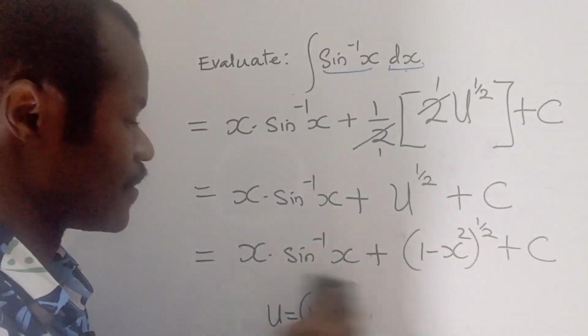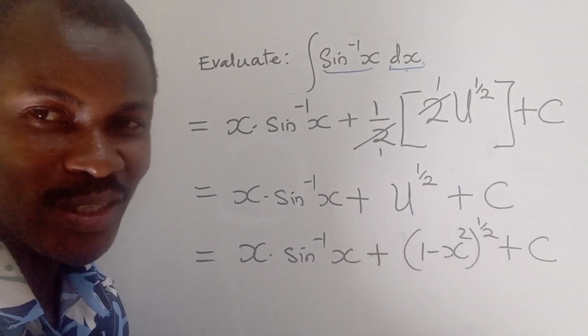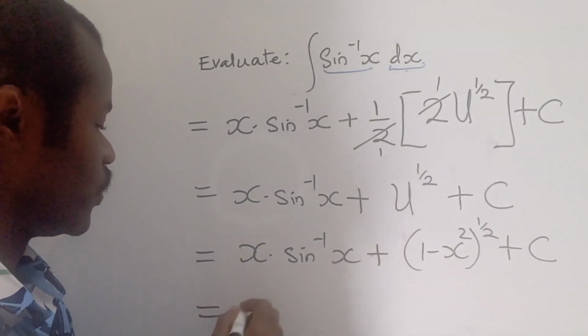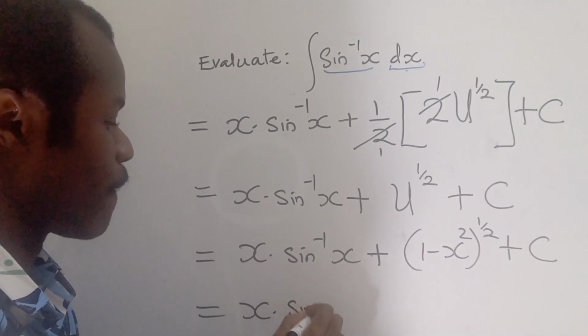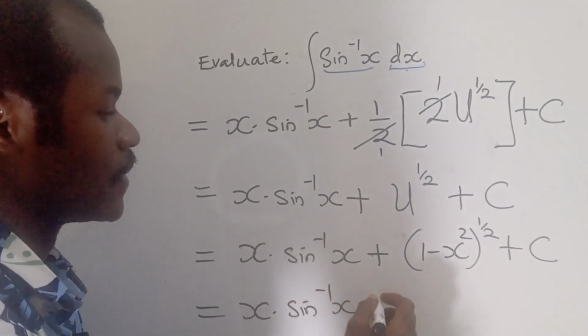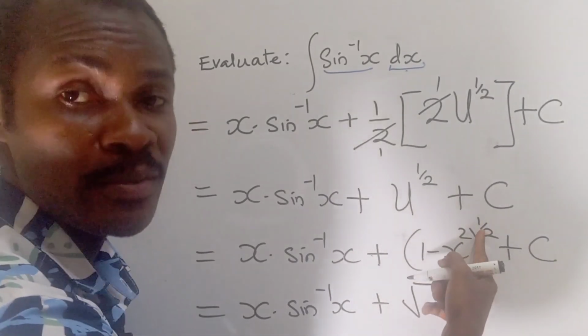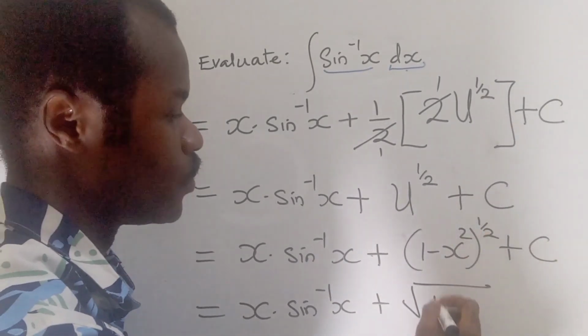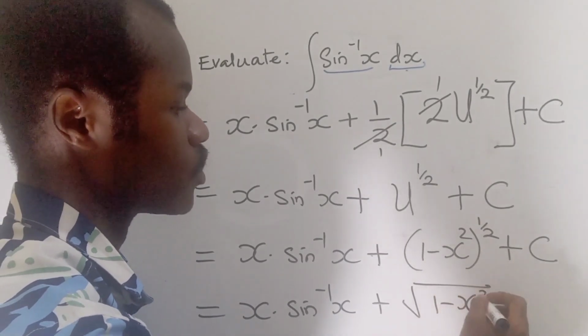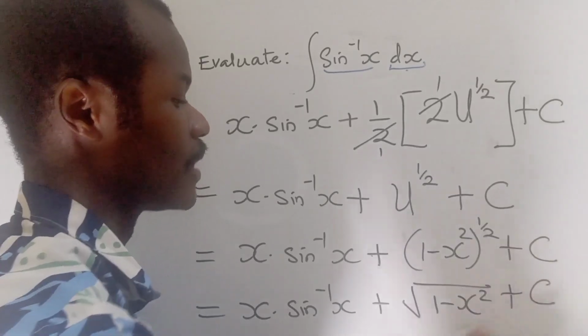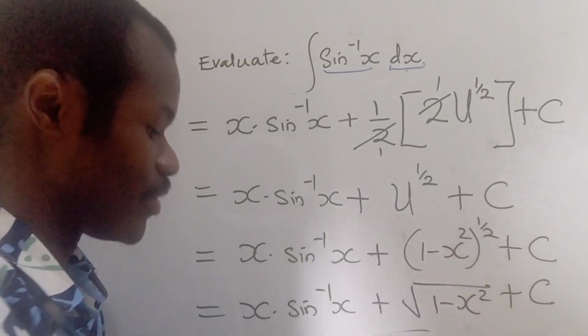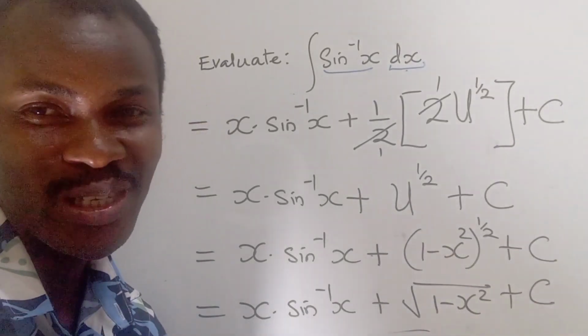So this gives us the solution to this problem. If you wish, you can write it in this form, such that the power half here is a square root, so the square root of 1 minus x squared plus your constant. So this or this gives you a simple solution to this problem.